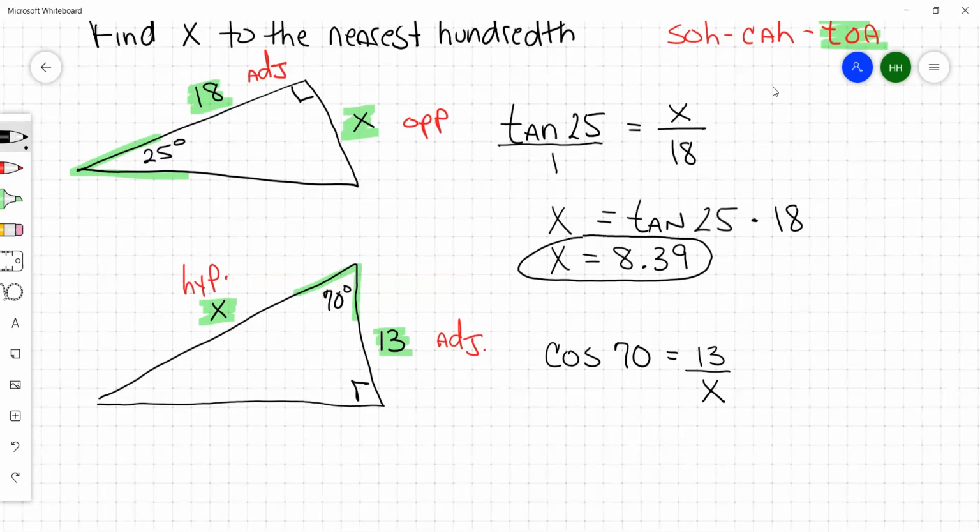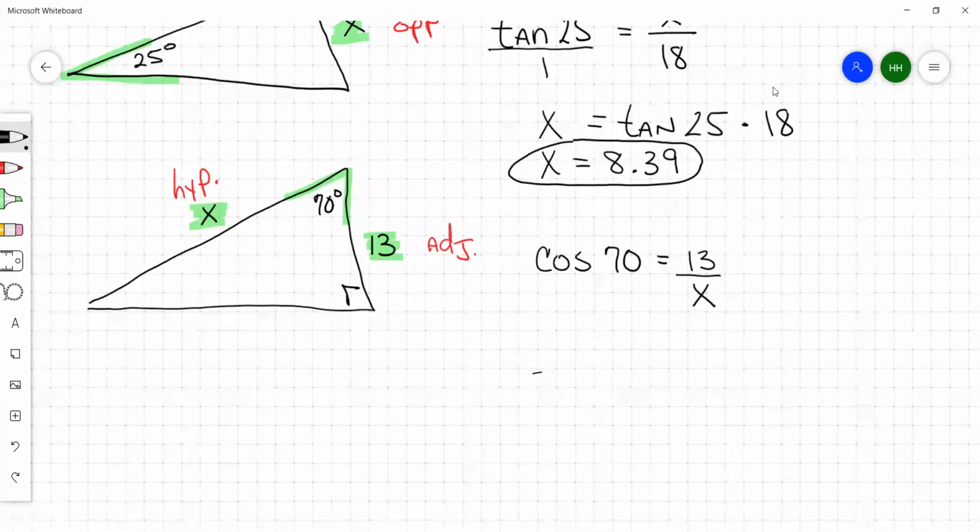Now, this becomes a two-step problem. Look at this proportion. We got to put this cosine 70 over 1 again. So we're going to do cosine 70 times x equals 1 times 13, which is 13.